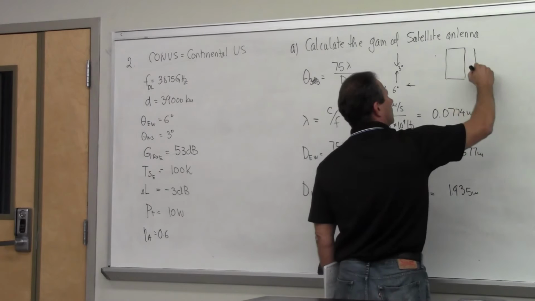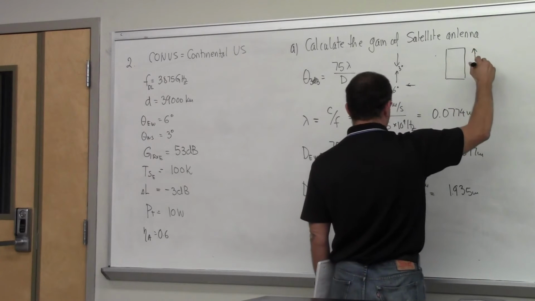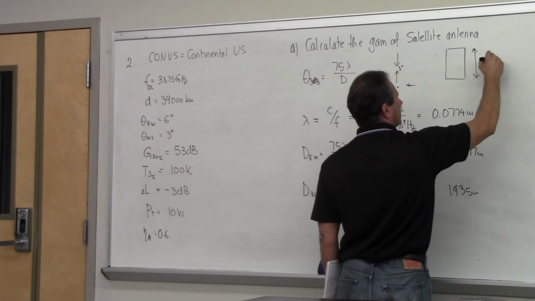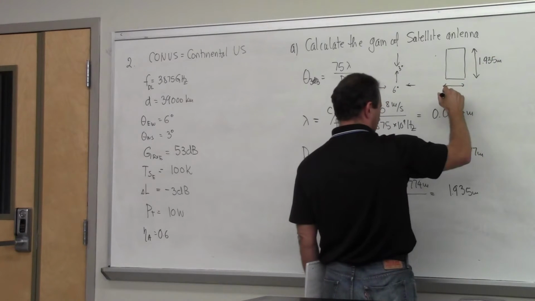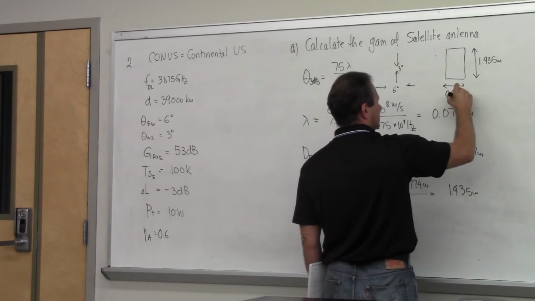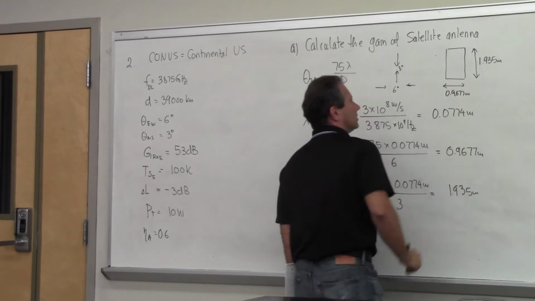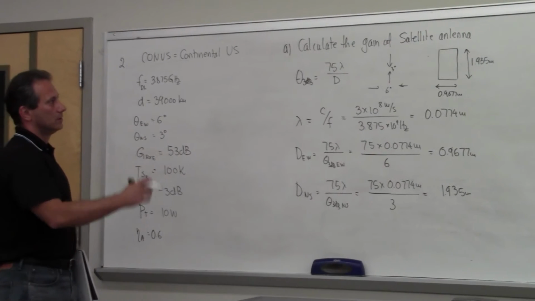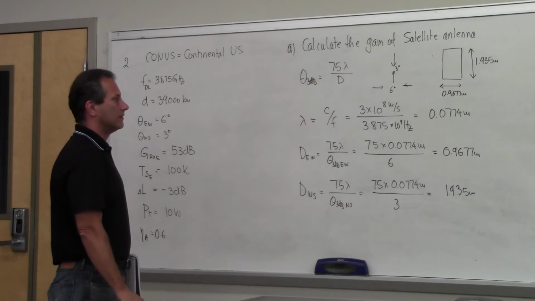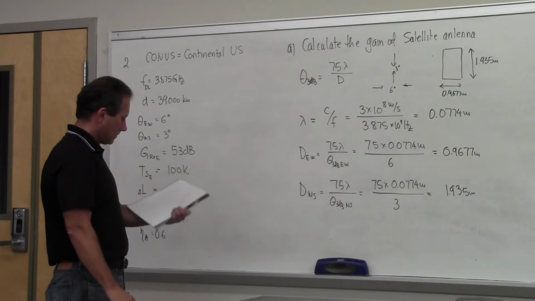So we are 1.935 meters this way and 0.9677 meters this way, right? To give the coverage to the continental US.